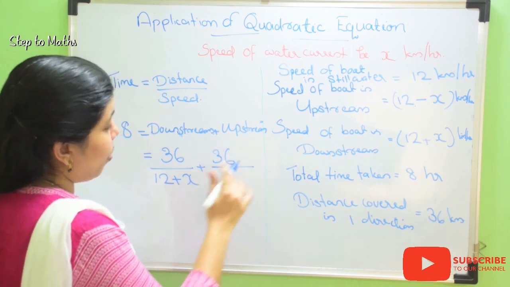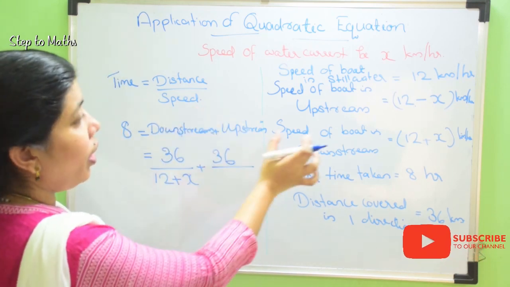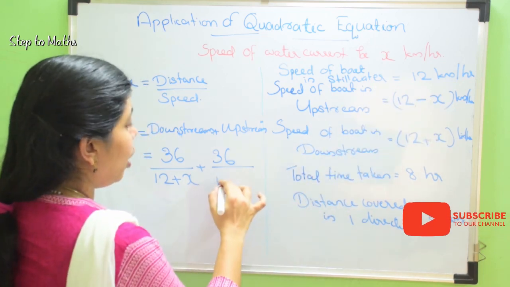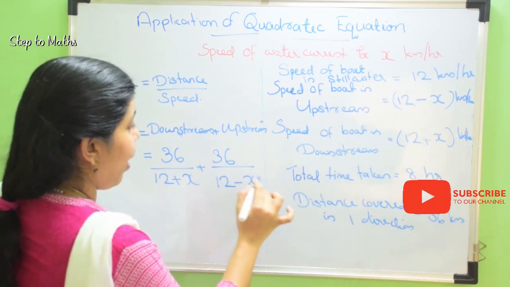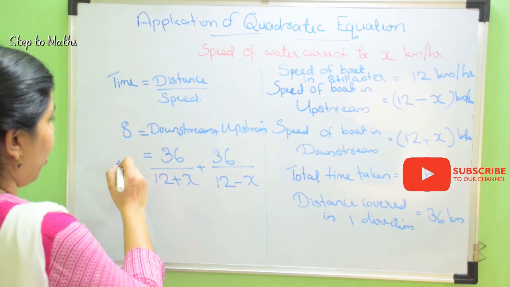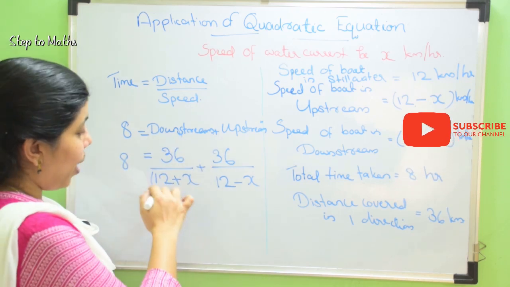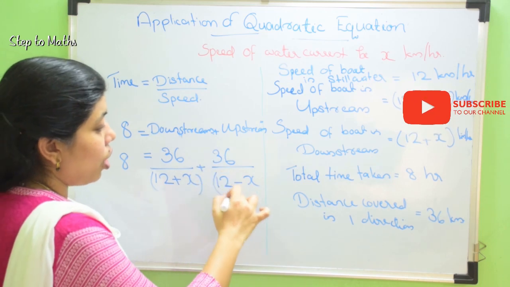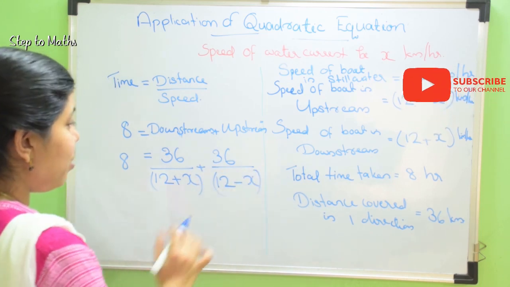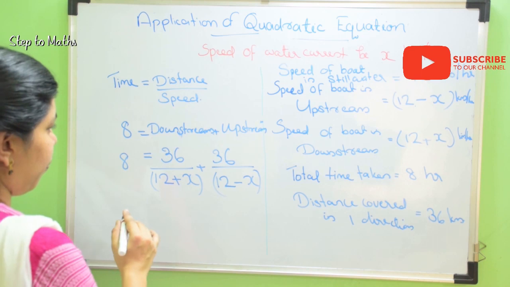So, 36 by speed in upstream, 12 minus x. 8 equals 36 by 12 plus x plus 36 by 12 minus x.